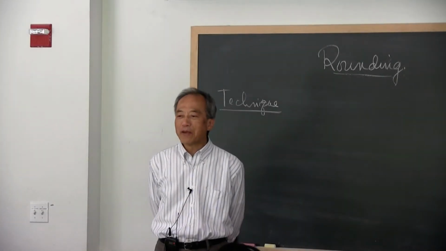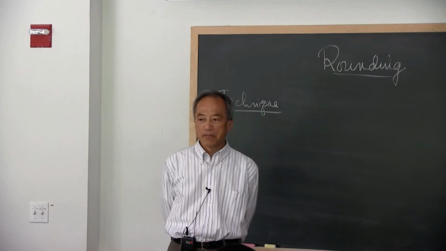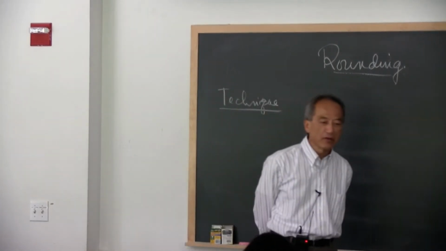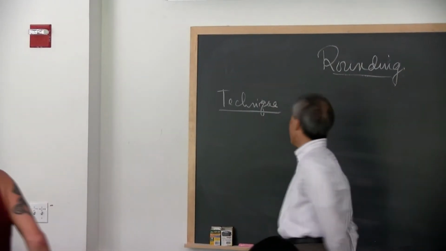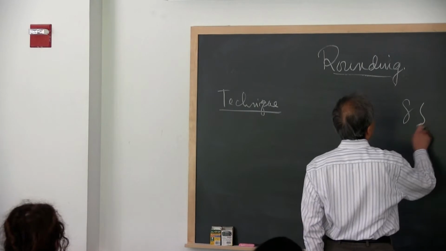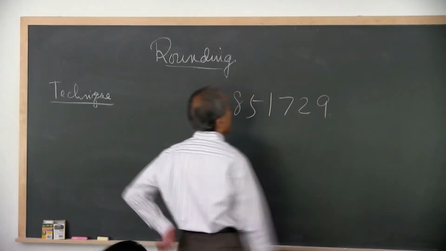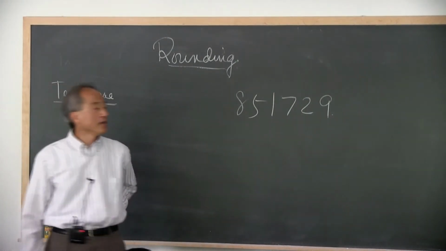Now, let's spend a little time on the technique of rounding. You read that's the common way of carrying out the round. You round to whatever digit. Let's look at 851,79. Suppose I want to round to the nearest 100.